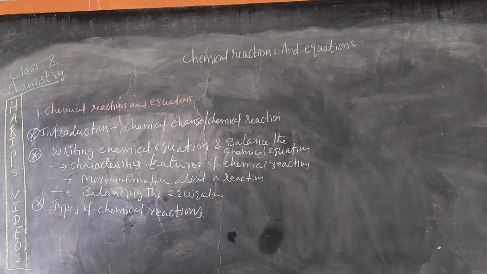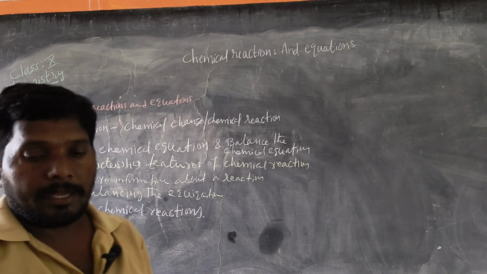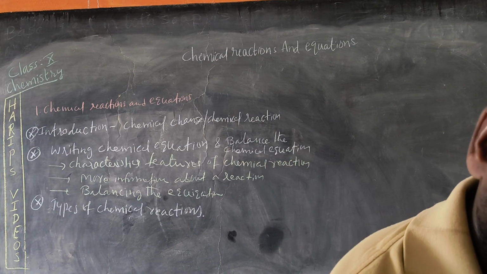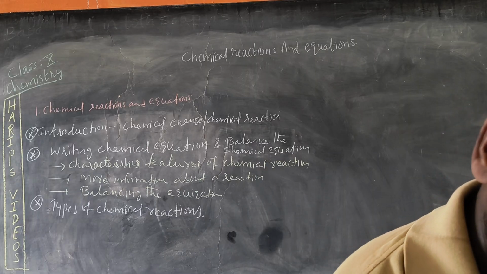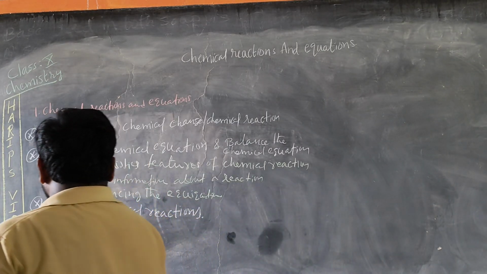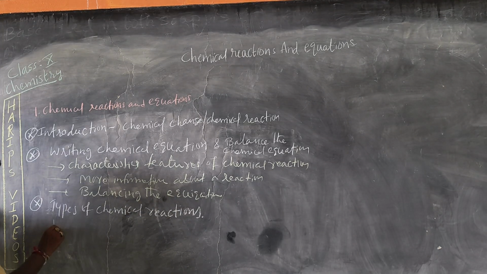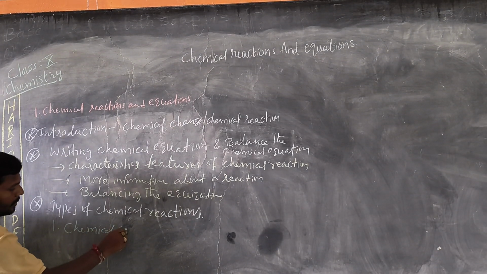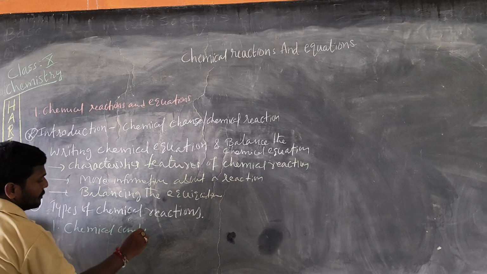There are mainly four types of chemical reactions here. The first one is chemical combination.